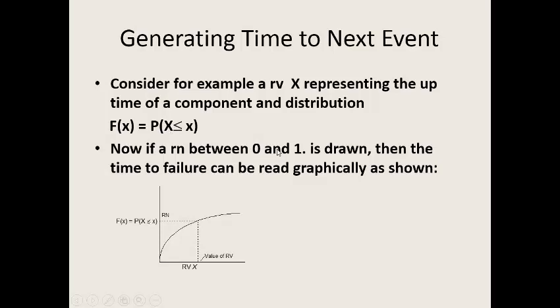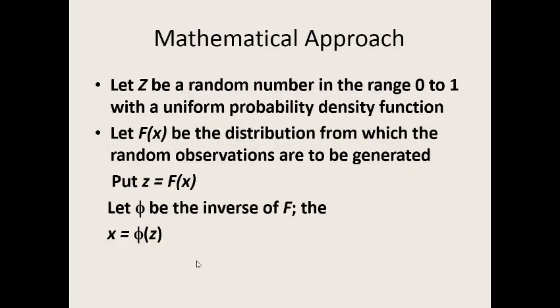So now if you draw a random number between 0 and 1, and if this is your distribution of x, then you can put the random number here and read the value of x over here. This can also be performed in the form of a mathematical equation. You have z as a random number. You equate that to the distribution function, and from here you can find x by the inverse of the distribution function.